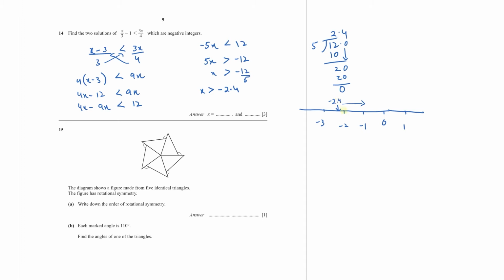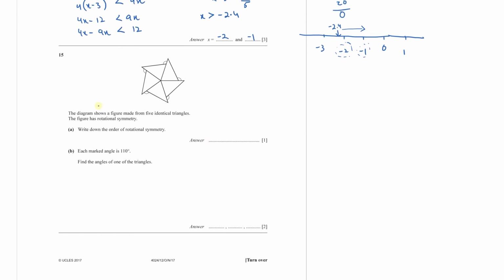So what are the two negative integers that can be possible values of x? Any values greater than minus 2.4 that are also negative are this minus 2 and this minus 1. So these are the only two negative integers that satisfy this inequality. So your answer will be minus 2 and minus 1.